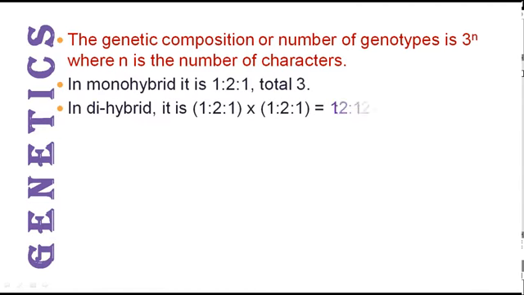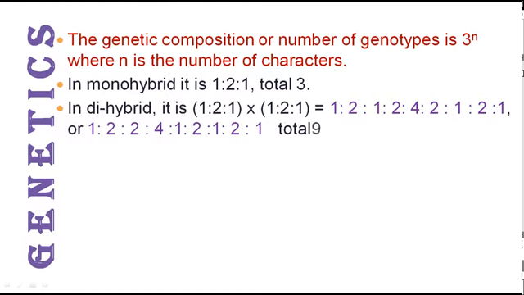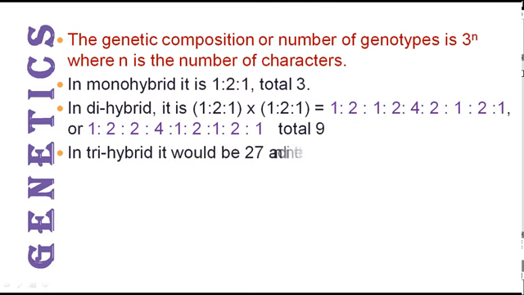Monohybrid 1:2:1, total 3 genotypes. Dihybrid 1:2:1 multiplied by 1:2:1, 9 genotypes. In trihybrid it would be 27, tetrahybrid 81.